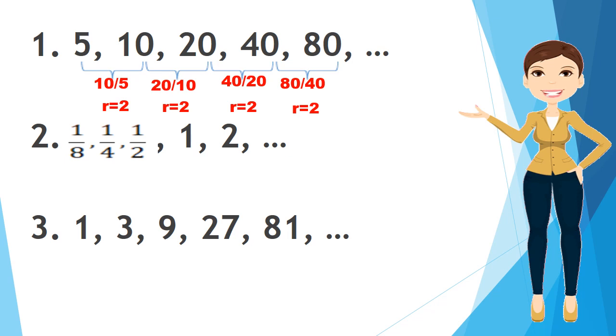We must get the common ratio. 1/4 divided by 1/8, you must have a ratio of 2. 1/2 divided by 1/4, the answer is 2 also. Then 1 divided by 1/2, we also have 2. And then 2 divided by 1, the answer is also 2. Again, we got a common ratio of 2.